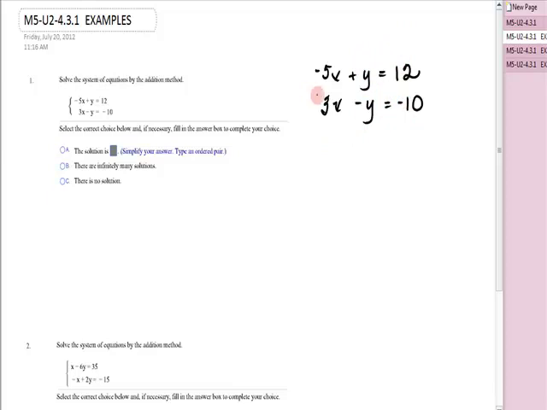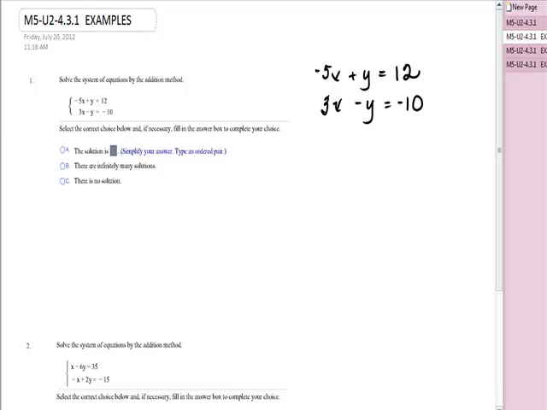We need them to line up so that like terms will be added. The other thing that we need is, either in the x's or in the y's, a pair of opposite coefficients to exist. And we have them here. We have positive 1 and we have negative 1.